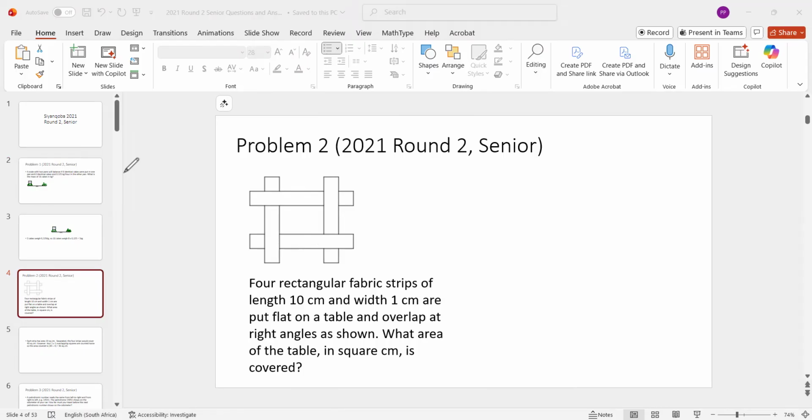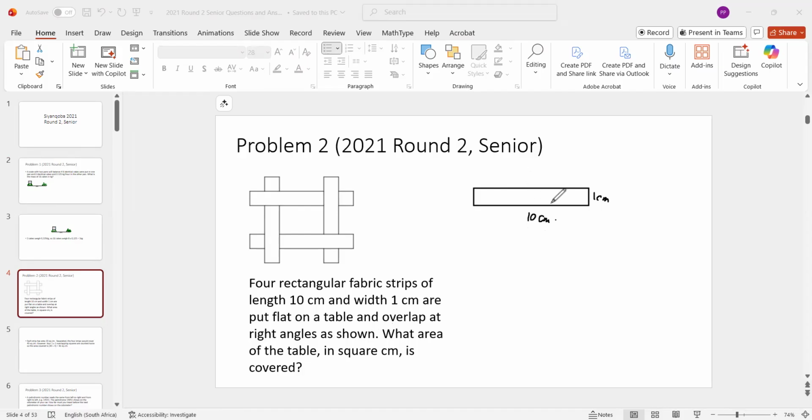So if you have a single one, its dimensions are 10 by 1. The question is, what is the area of the table in square centimeters that is covered?